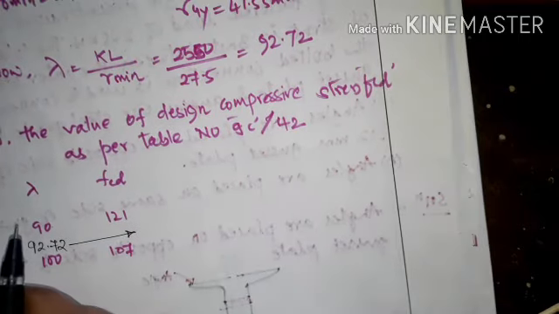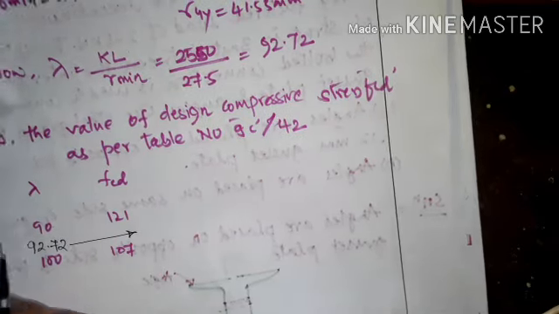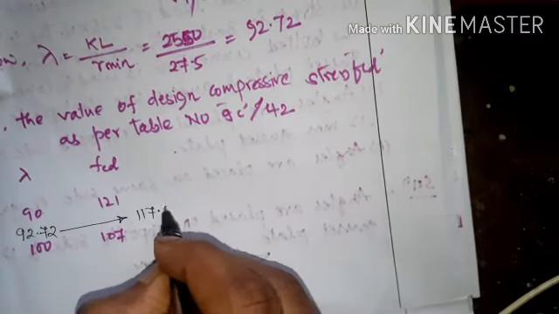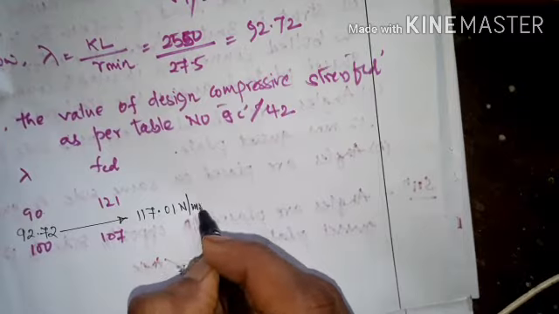After interpolation you will get the value as 117.01 Newton per mm square.